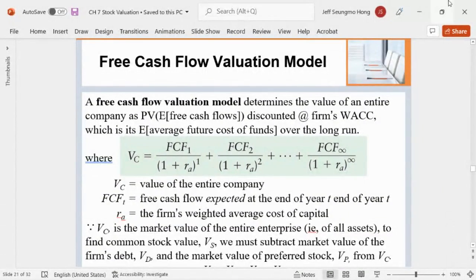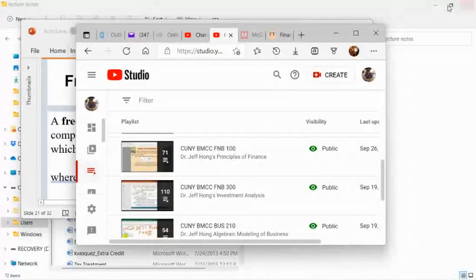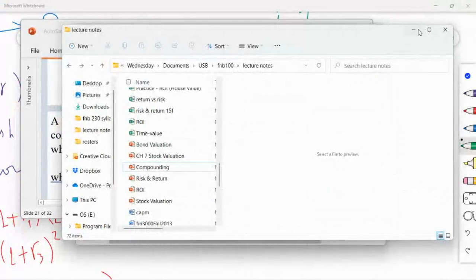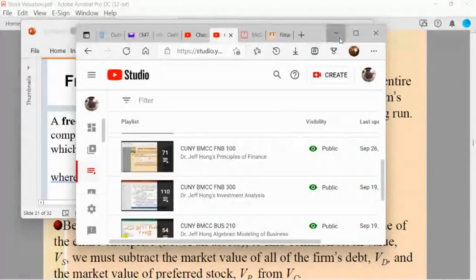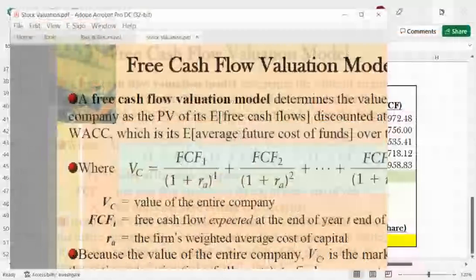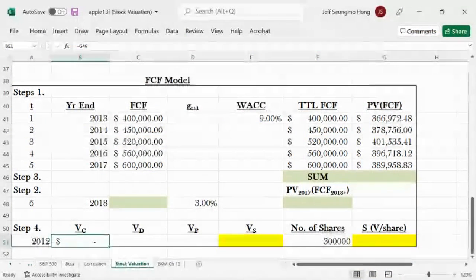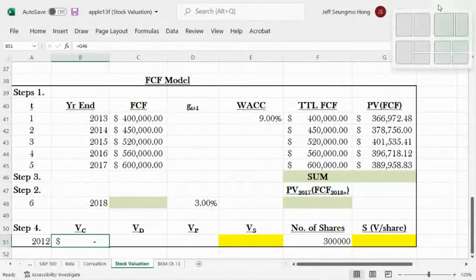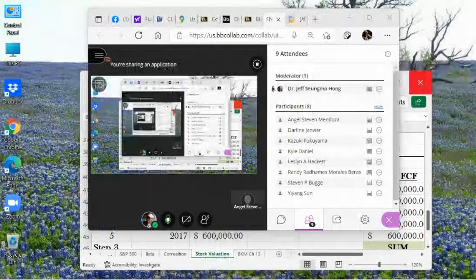It's not coming up. Where's the computer?